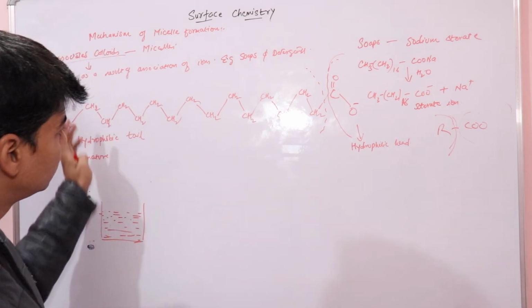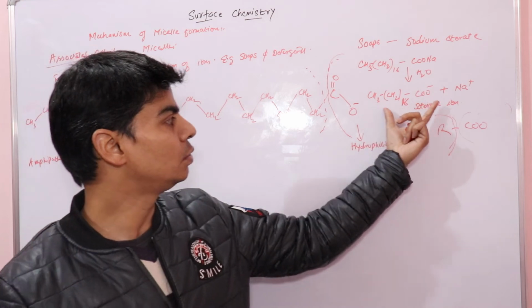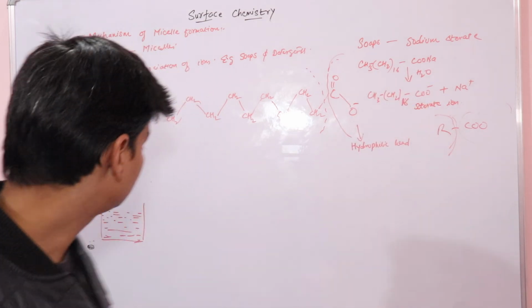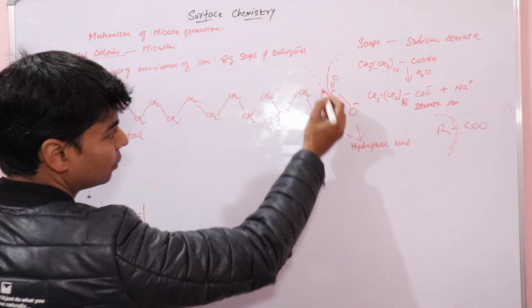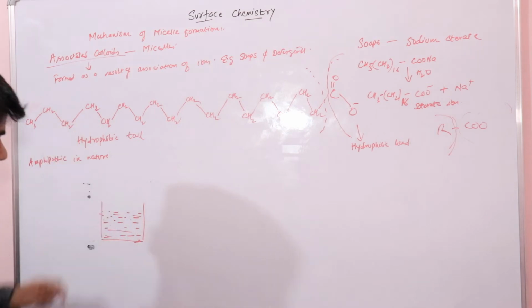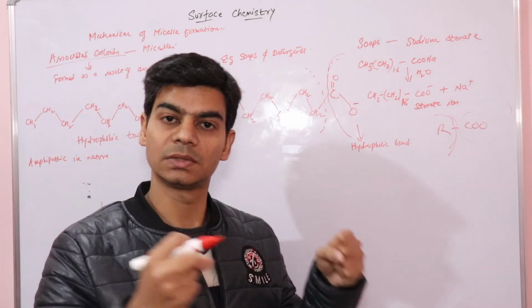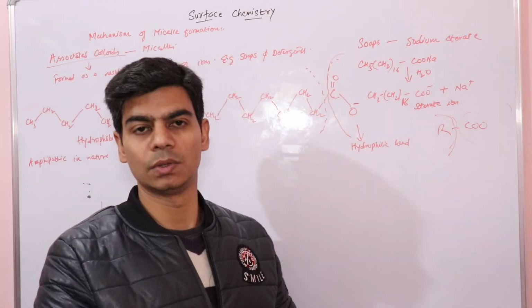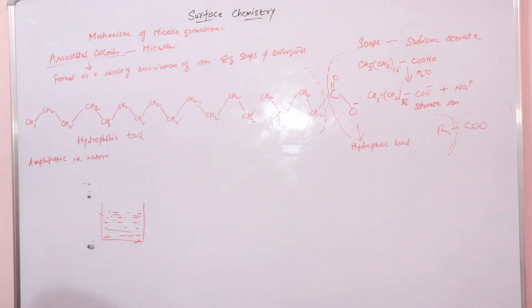So when you add soap molecule in water, it will dissociate into stearate ions. And in water, the hydrophobic tail of these stearate ions will keep itself away from water because it is water hating, and this hydrophilic head will interact with water because this is water loving. So this is how it will look like.